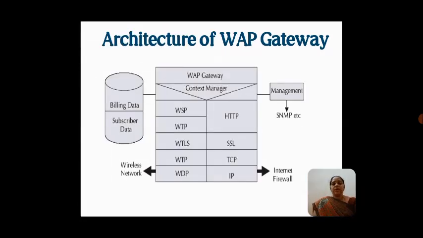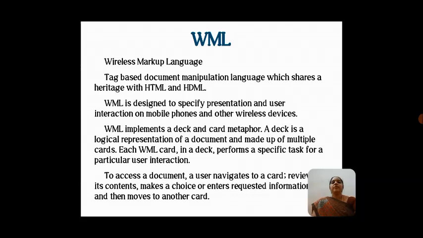So this is the architecture of the WAP gateway, which has the content manager and WSP. The next one is WML, the wireless markup language. This language is based on a document manipulation language, which shares the heritage of HTML and HDML.